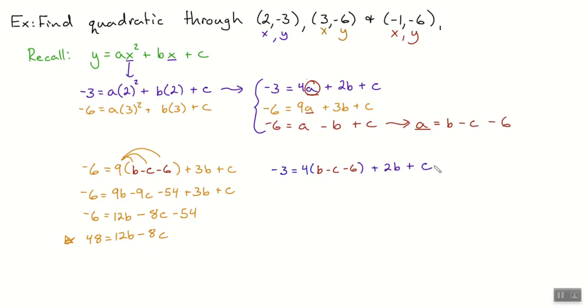Yeah, minus 24. So notice that you no longer have a, right? It would be positive 24 on this side and minus 24. Wait, what? No, because you're moving it to the other side.